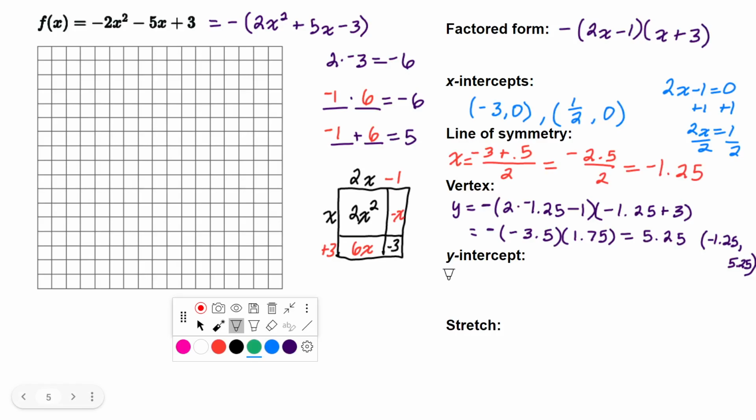The y-intercept, again, put 0 in for x. Actually, let's start this over. We have the negative. Then we have 2 times 0, subtract 1, times 0 plus 3. For a negative, 2 times 0 is 0, subtract 1.